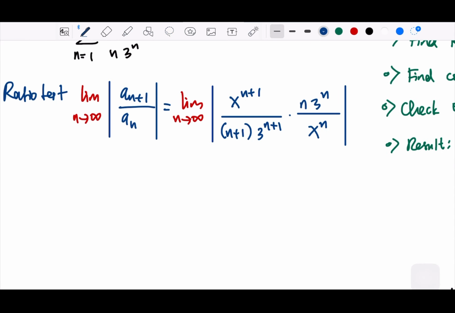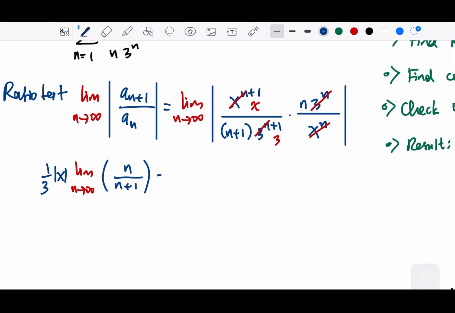Okay, so next we can cancel some parts. So x^n, this is x, this is 3, and this is 3, right? So we have 1 over 3. So the limit of 1 over 3, I mean, right outside here with x, and then we have n over n+1, and the limit of this will be equal to 1, right?